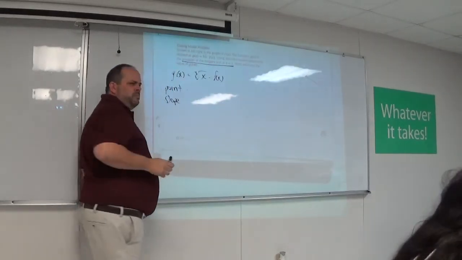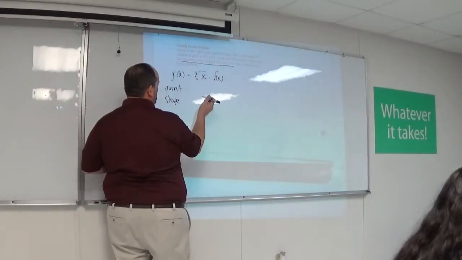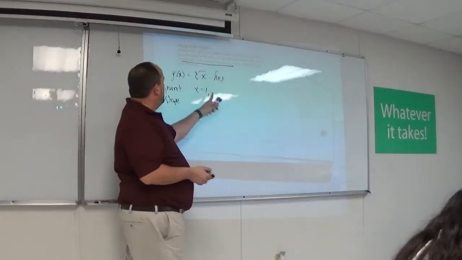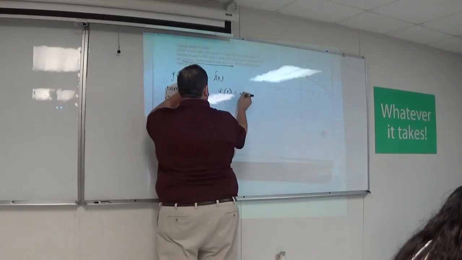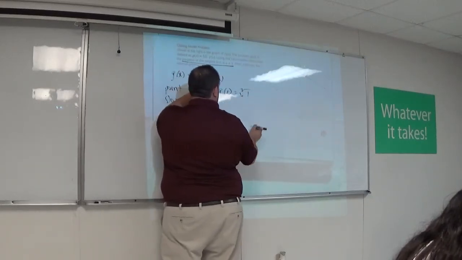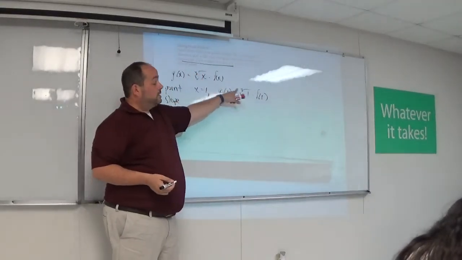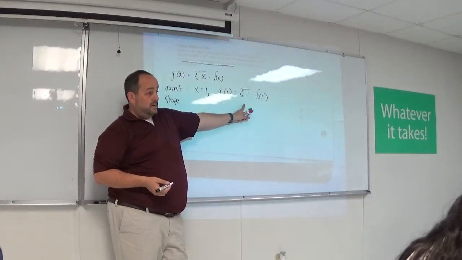And where does that point come from? It's going to be 1 comma something. The something comes from figuring out what g of 1 is. G of 1 is the cubed root of 1 times f of 1. The cubed root of 1 is 1.